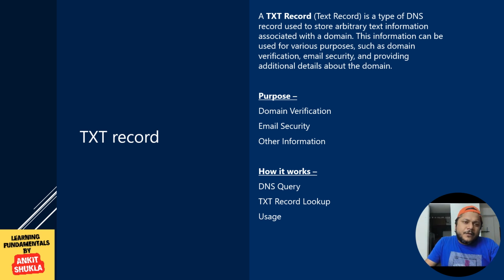Then the information received by the requester is used for the intended purpose, like domain verification or checking the email security settings for your domain. That's how the TXT record works.